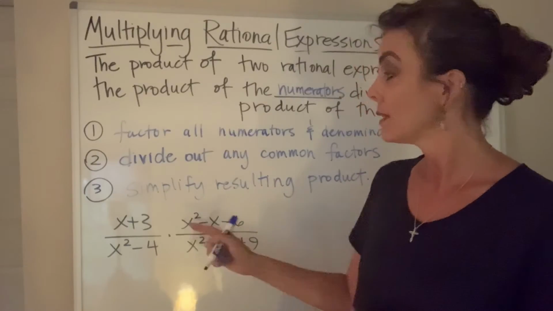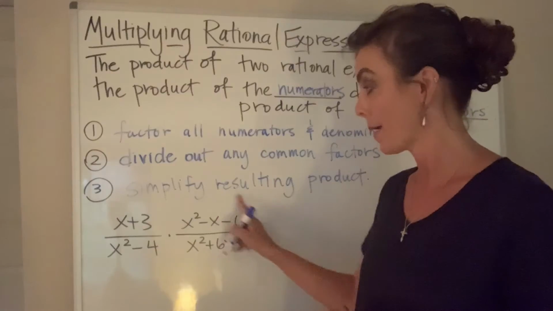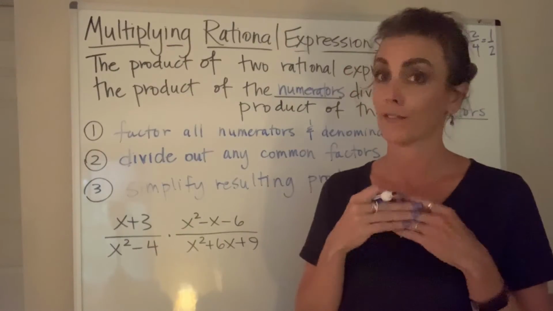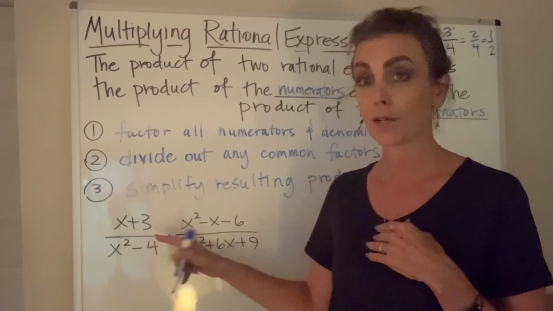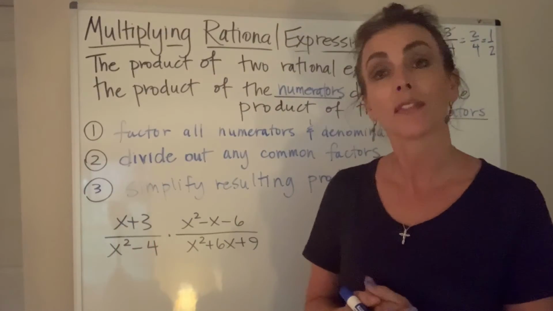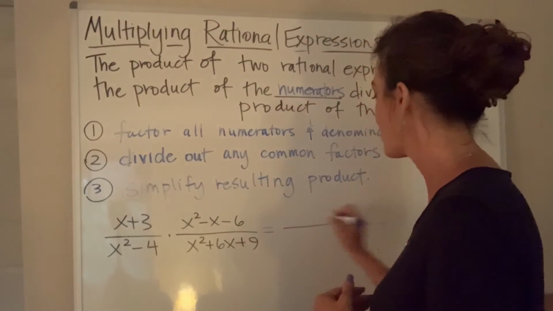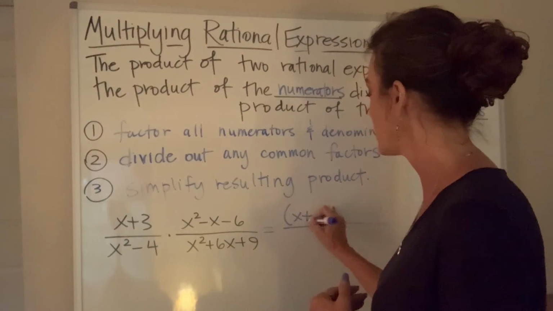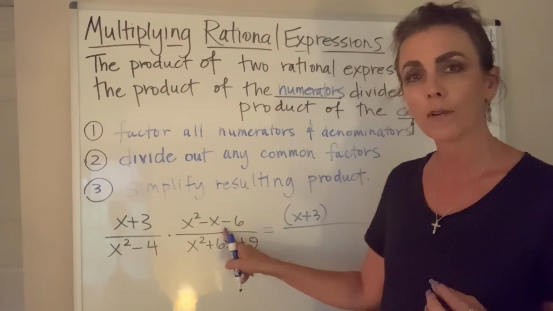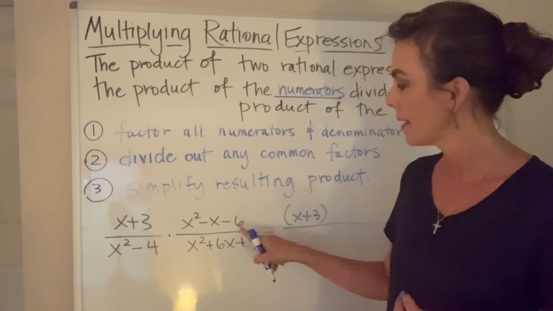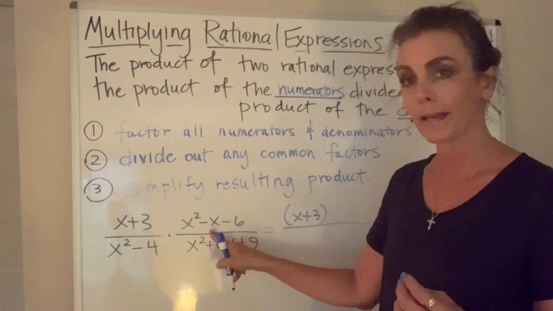All right. Let's take this rational expression and multiply it by this rational expression. Let's factor all our numerators. So this first numerator is pretty much factored. There's nothing I can do there. So that first numerator is just going to be x plus 3. This numerator here, we have a quadratic that will factor by looking at factors of 6 that subtract to make 1.